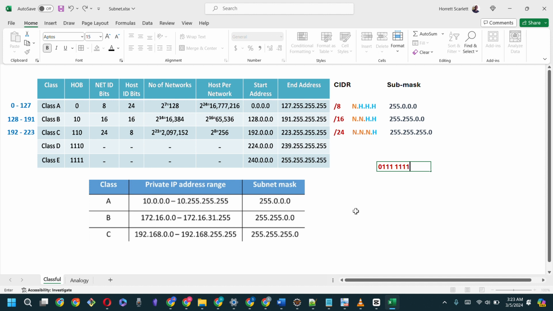And why I say potentially is we have to look at the ending. So it says 172.16.31.255. So that's the total range, which means if we go to 172.16.55.255, then that would be outside of the private address range for a class B address.